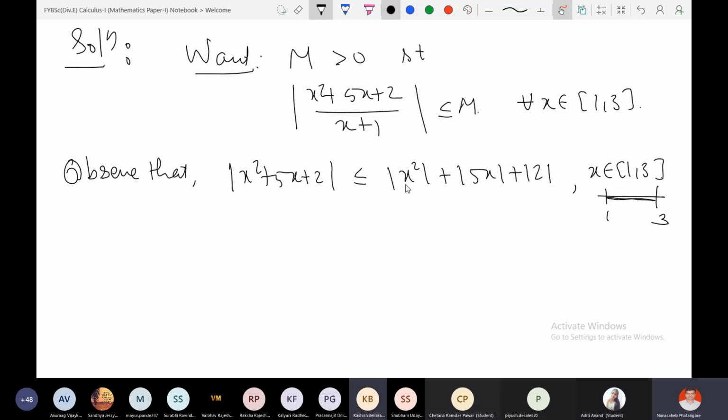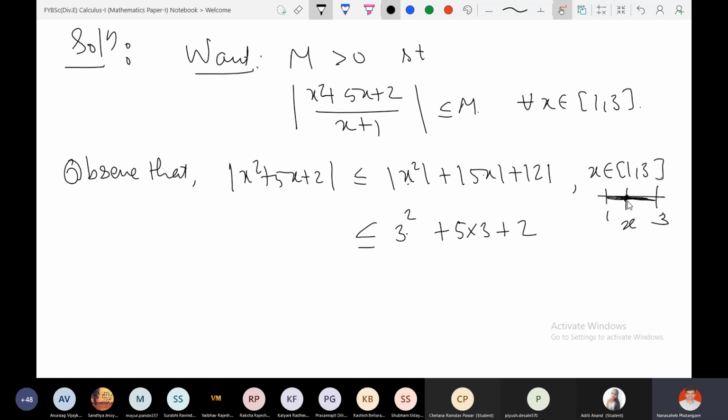So I will replace x by 3 and keep 2 as it is, because everything is non-negative, so there is no need of the absolute value sign. Now, what inequality should I have here? Because I am replacing x by the largest possible value, it is greater or equal, right?